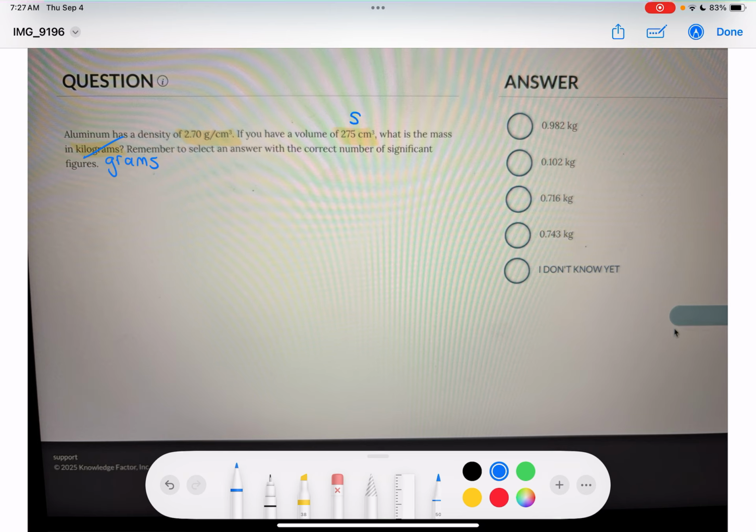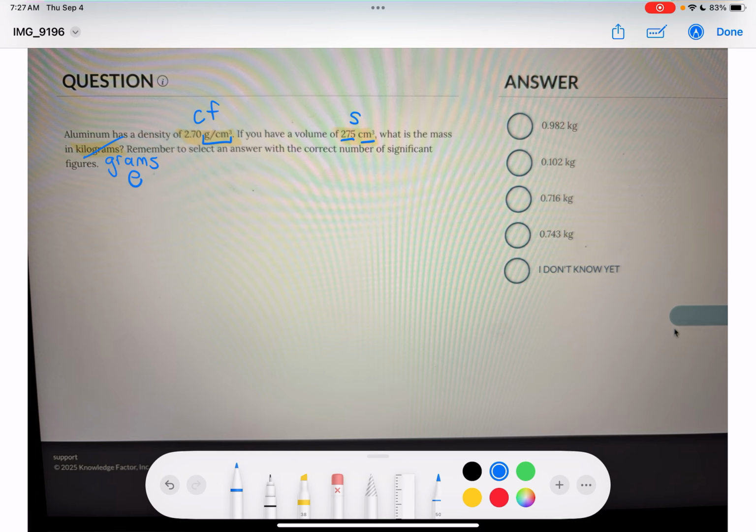This is where I'm going to start because it is a number with a single unit following it. This is the unit where I'm going to end because it's a unit by itself. And because this one is a unit over another unit, this is going to be one of my conversion factors.